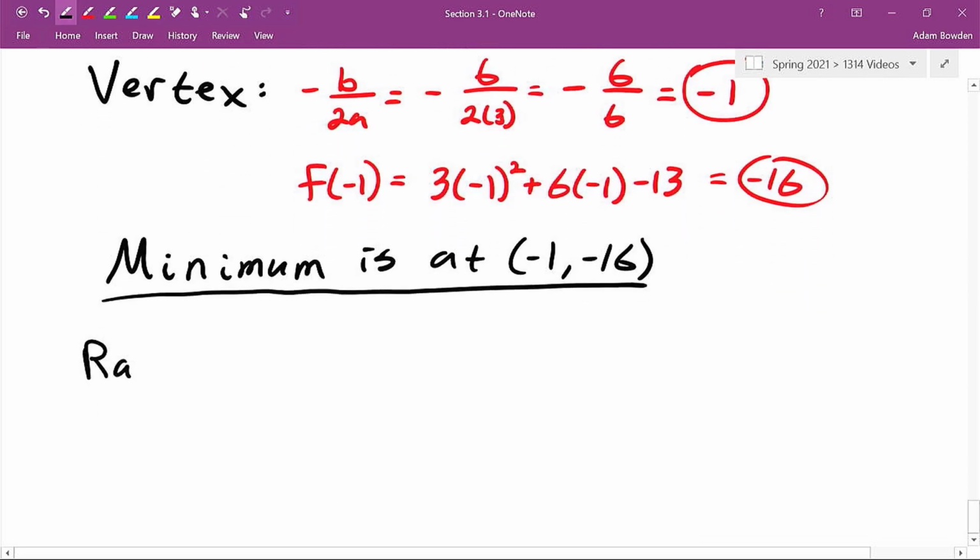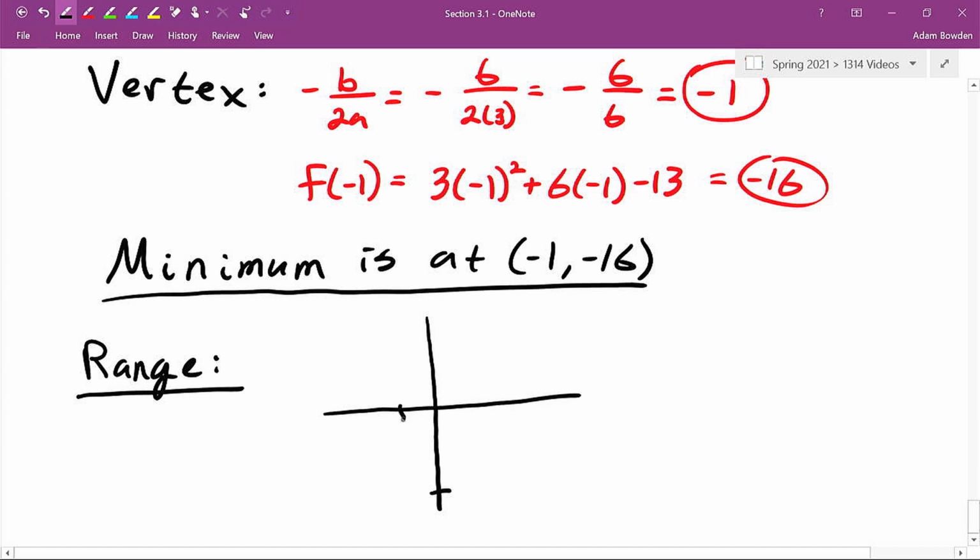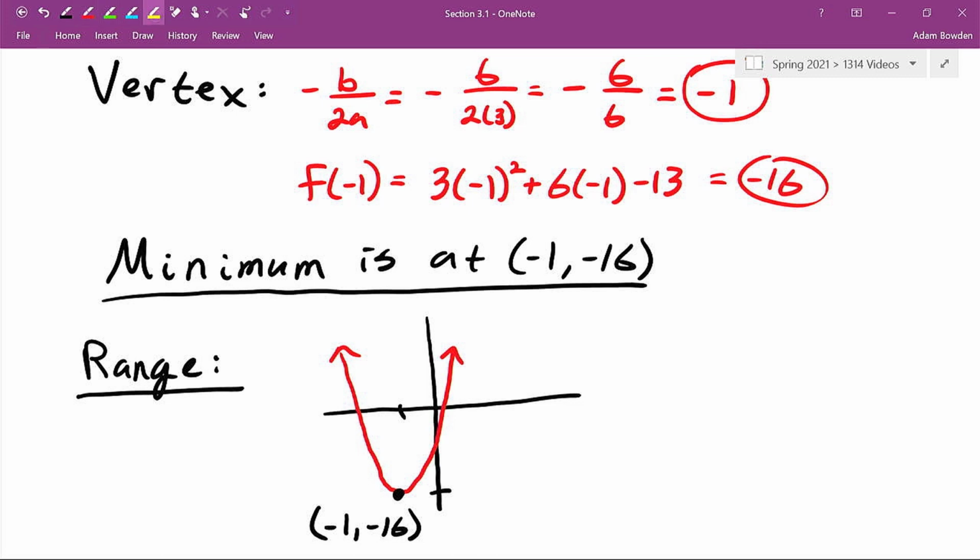Another question you might encounter when talking about quadratic functions is what its range might be. Not looking at the full graph, let's say, but just looking at the information about the minimum, can we tell what the range of the function is? We actually can. If we had a minimum point down at the point negative 1 comma negative 16, and the parabola opens up, something like this, then the range would be the entire span of the y-axis where it stops down at the bottom, and then it goes all the way up from there.